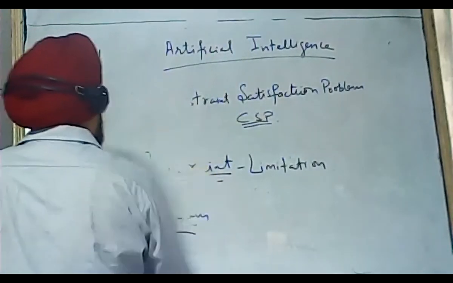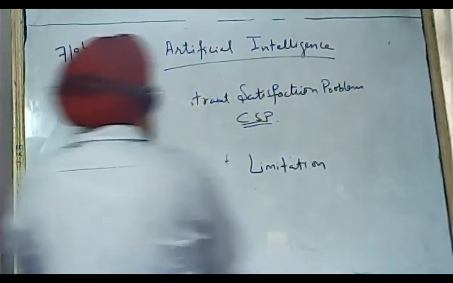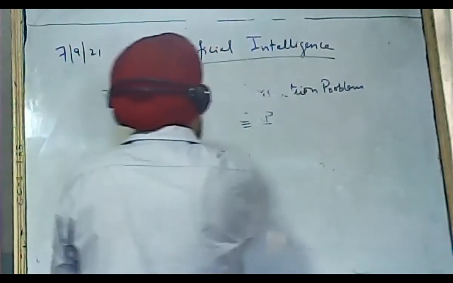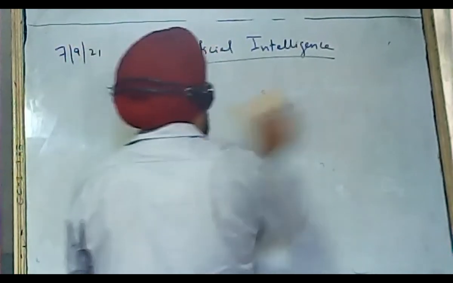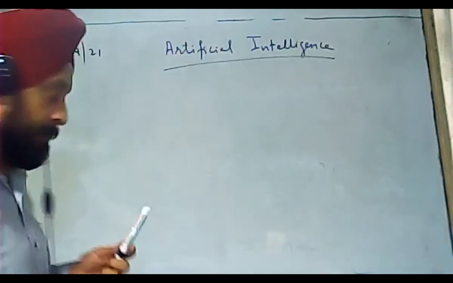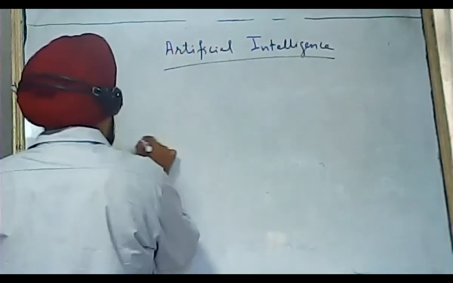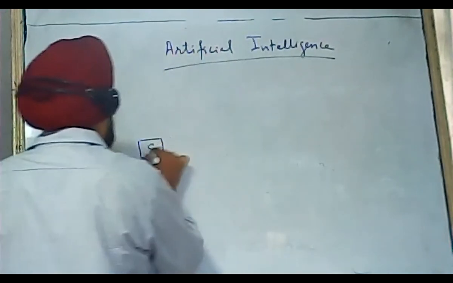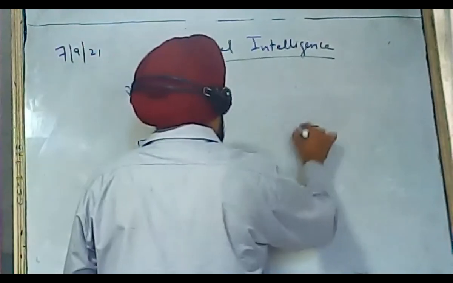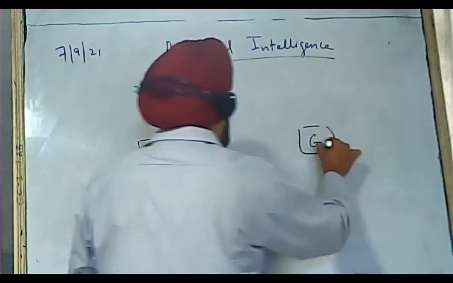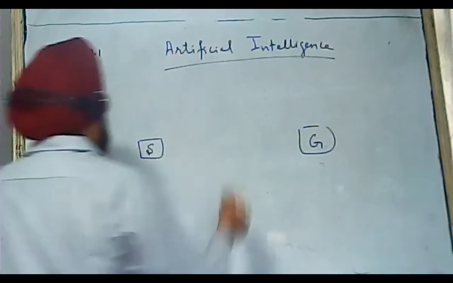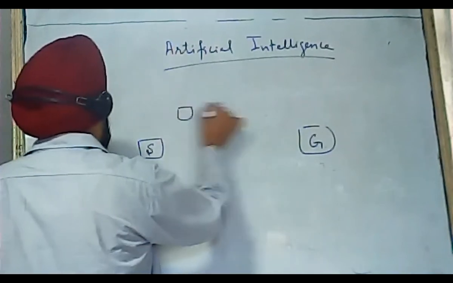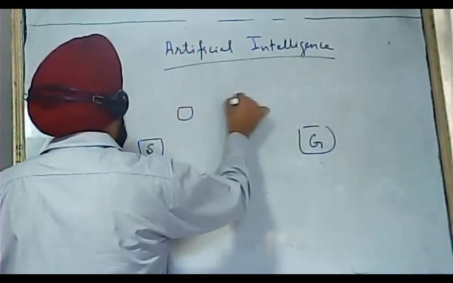Suppose I give you two locations. The first location is the start point and the second location is the goal point or the stop point. In between, different paths are available.